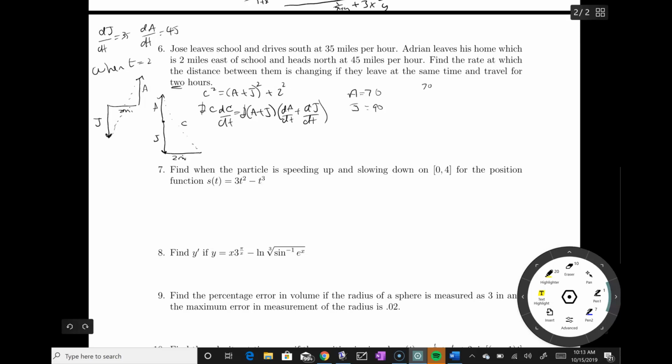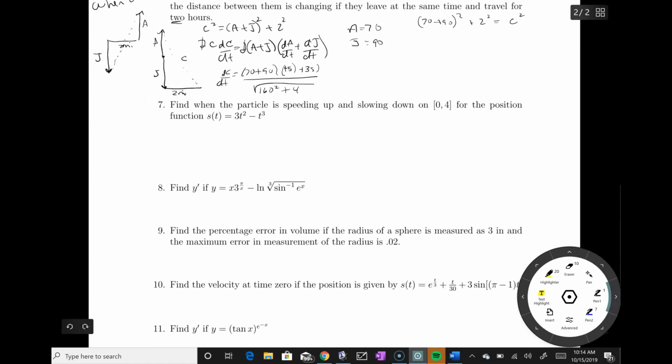So I get (70 plus 90) squared plus 2 squared is equal to c squared, and so that will tell me what c is equal to. So dc/dt, so I'll have A plus J, so that's 70 plus 90, times dA/dt 45, plus dJ/dt 35, over the square root of 160 squared plus 4. And that's a great answer.